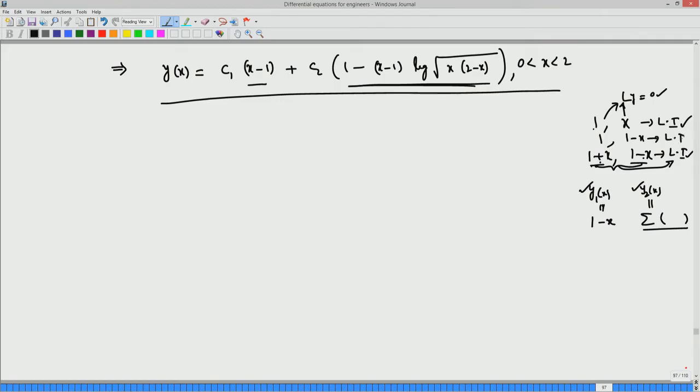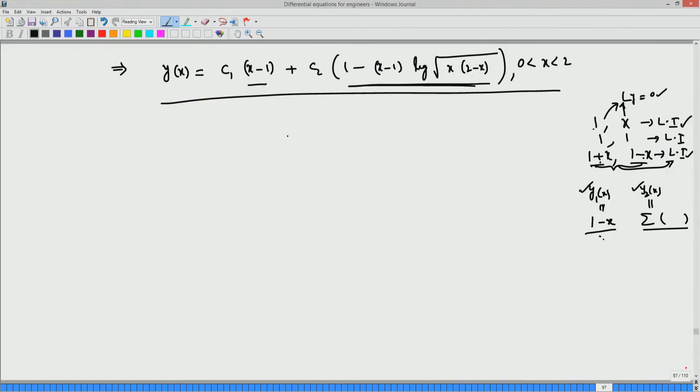I have two linearly independent solutions here also. So, you do not know. It may match one, and a second one, even though it is some power series solution, need not be exactly what you have earlier. So, in this case 1 minus x minus 1 log square root of x into 2 minus x.